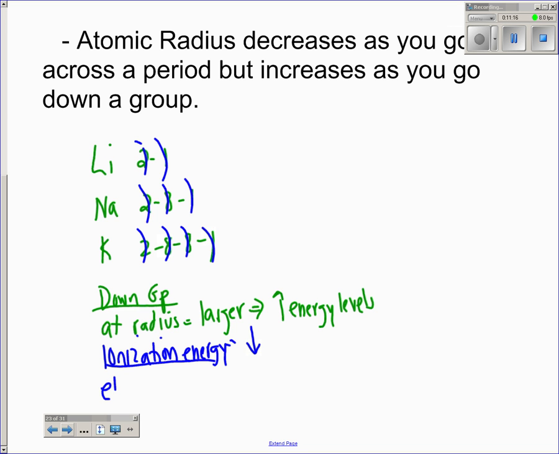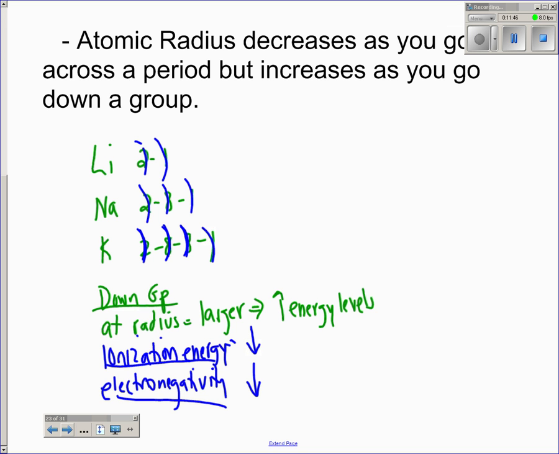How about electronegativity? If you want to reach out and grab somebody else's electrons, is it easier or harder? Well, with the bigger atoms, there are all these shields in the way that are getting in the way of attracting somebody else's electrons. So because of all this shielding, the electronegativity values also decrease as you go down a group.